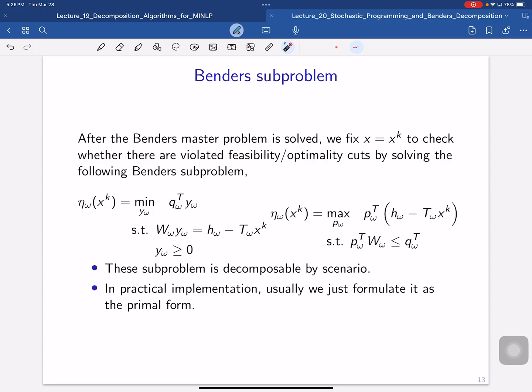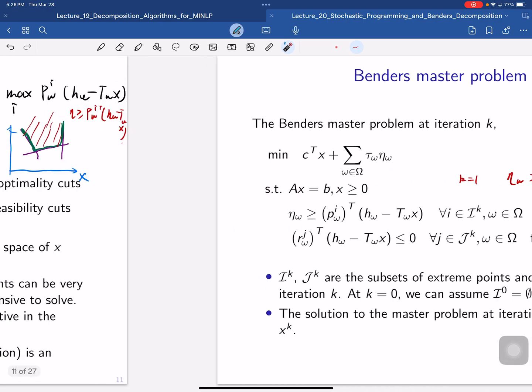Either the second stage problem is unbounded, where you will generate an extreme ray. If it's bounded and feasible, you will generate an extreme point of the dual. So you are generating the extreme rays and the extreme points based on the solution of the subproblem. You can interpret it as finding the extreme points that are violating the constraints in the Benders reformulation.